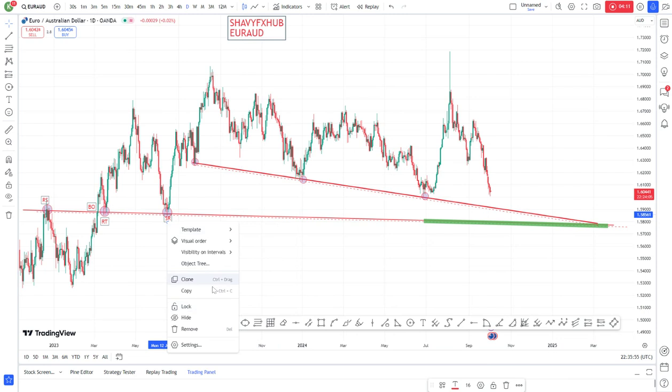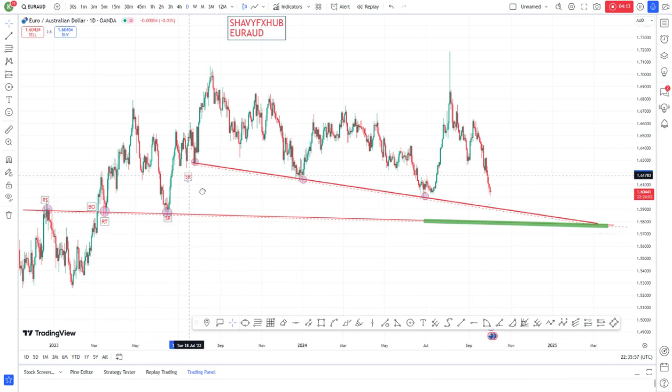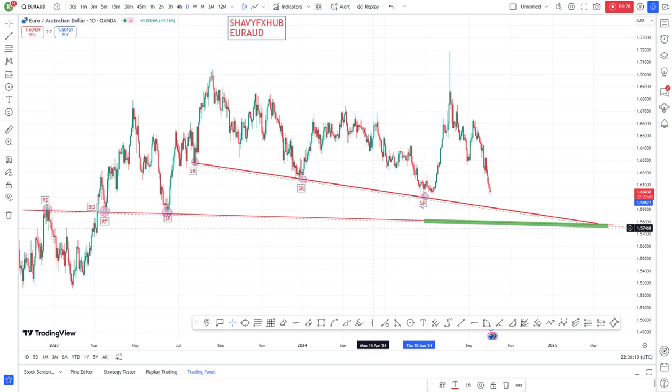I have my price creating an SR level in December 2023. We'll have another SR level in June 2024.